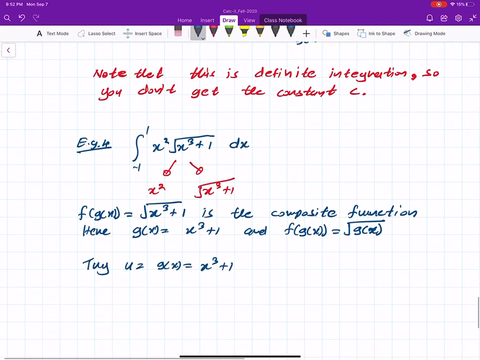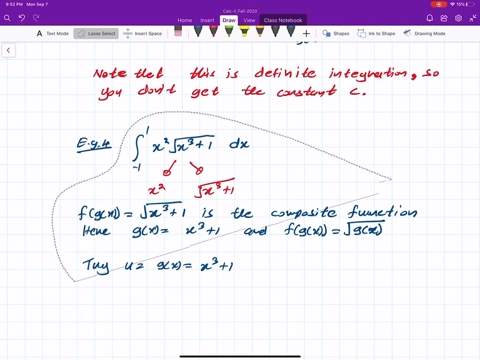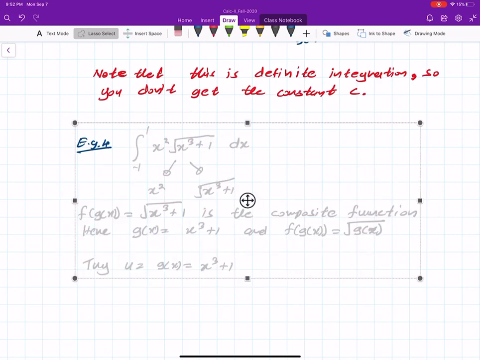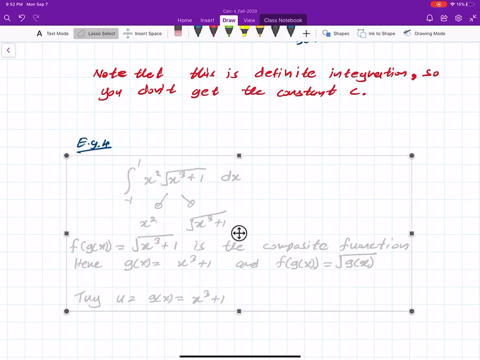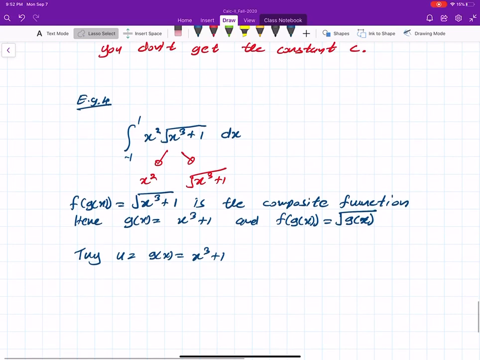All right, so let me mark the steps. This is step number 1. This is step number 2. And this is step number 3.